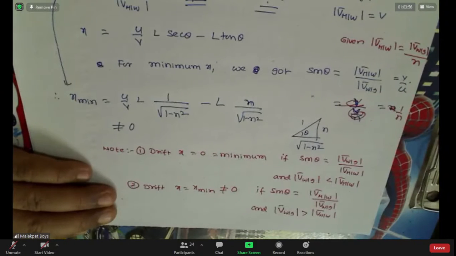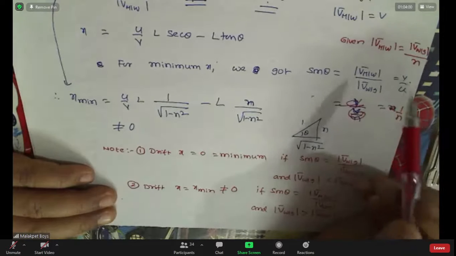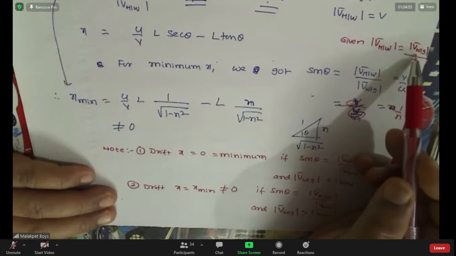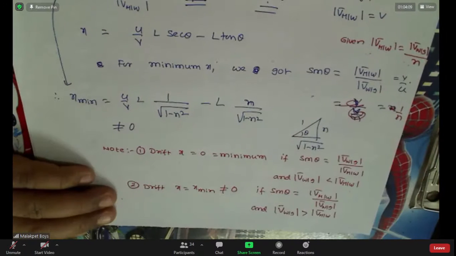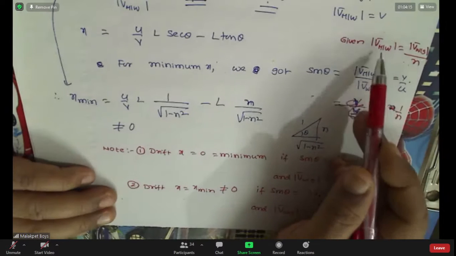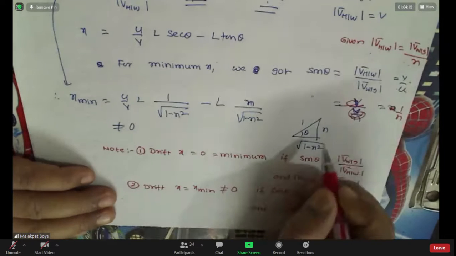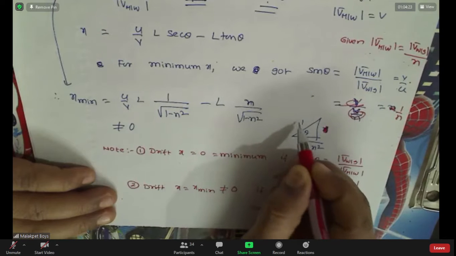No, sir, n only, sir. Why? The 1 by n will go upside, no, sir. We cancel. Velocity of man, what is it? Read the question. Velocity of boat. We want this by this. Divide that. What are you getting? 1 by n, no? Yes, sir, 1 by n.